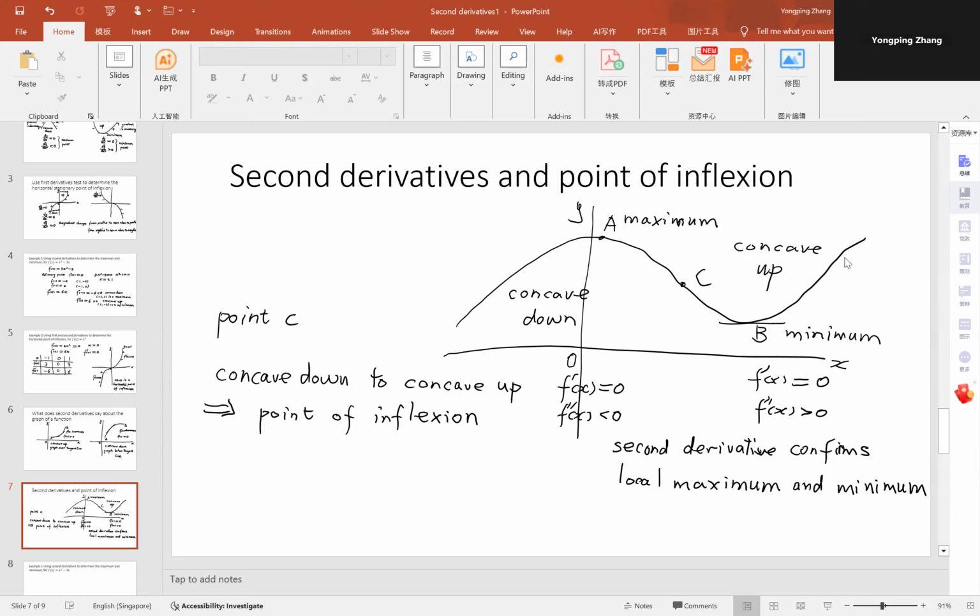From here, we can see that at point C the second derivative equals 0, and the concavity changes from down to up.